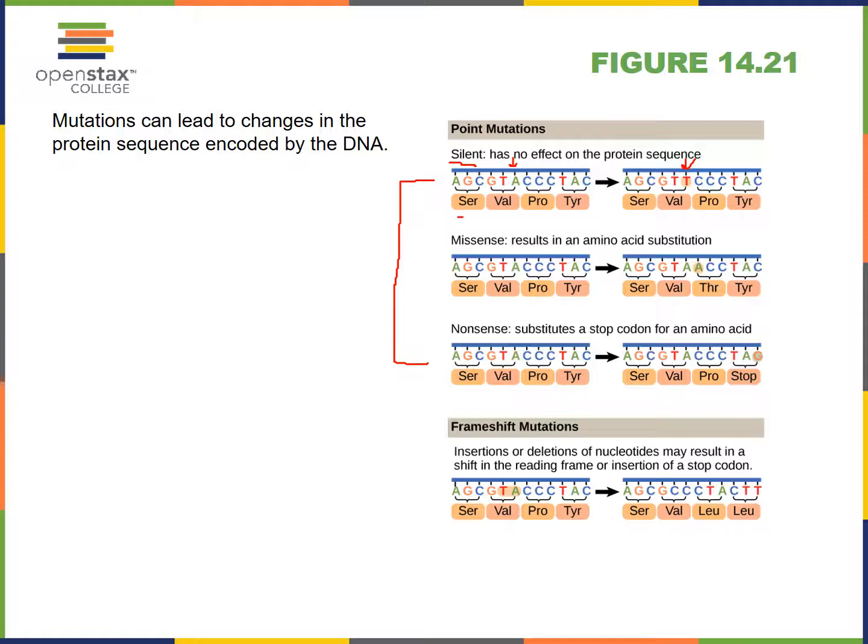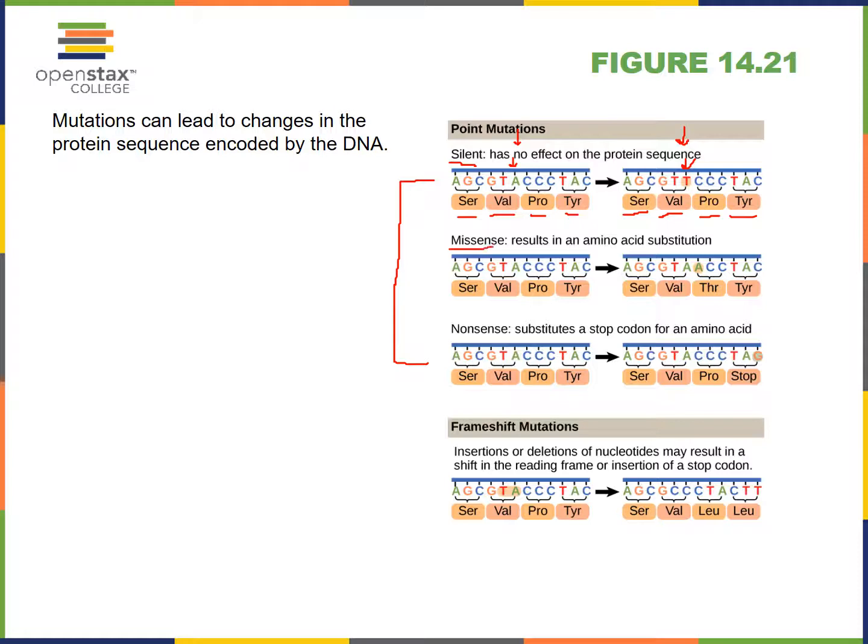And so in a silent mutation, this little section of DNA codes for serine, valine, proline, tyrosine. And if you substitute this A for a T, there's no effect on the amino acid sequence. It's still serine, valine, proline, tyrosine. Still the same exact sequence.